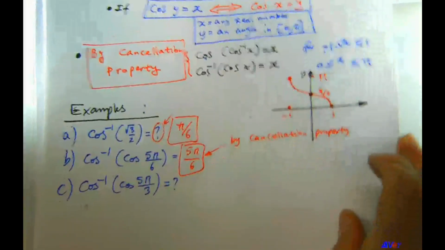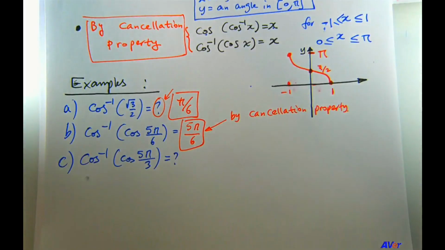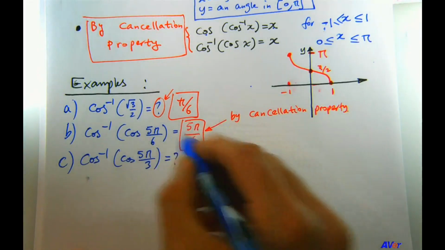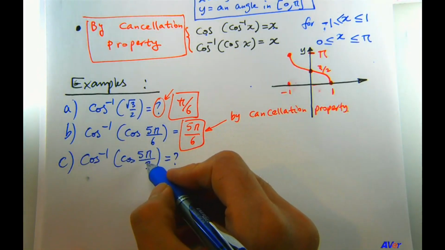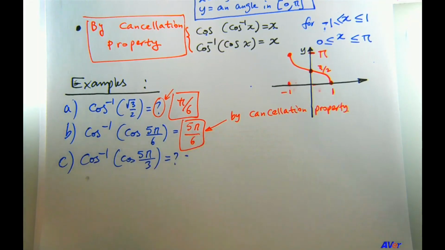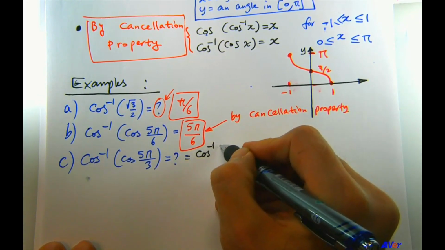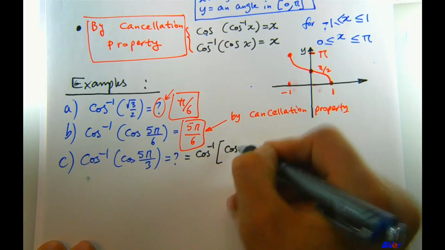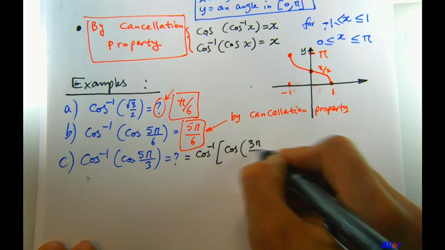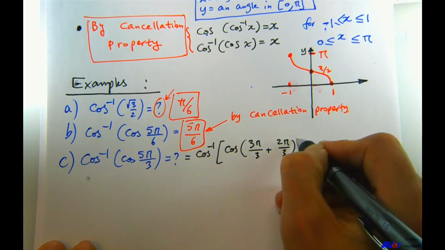So we need to break this up. Let's see, we have 3 pi over 3, that's just pi. So we're going to break this up to inverse cosine of cosine of 3 pi over 3 plus 2 pi over 3.